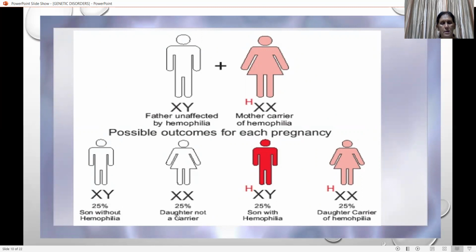So here we found that one daughter is a carrier, the other is not a carrier, and one son is healthy and one son is hemophilic. So I think you understood this part: the father is healthy, the mother is a carrier. If the mother is a carrier, then one daughter will be a carrier and one son will be hemophilic, while one daughter is healthy and one son will be healthy.